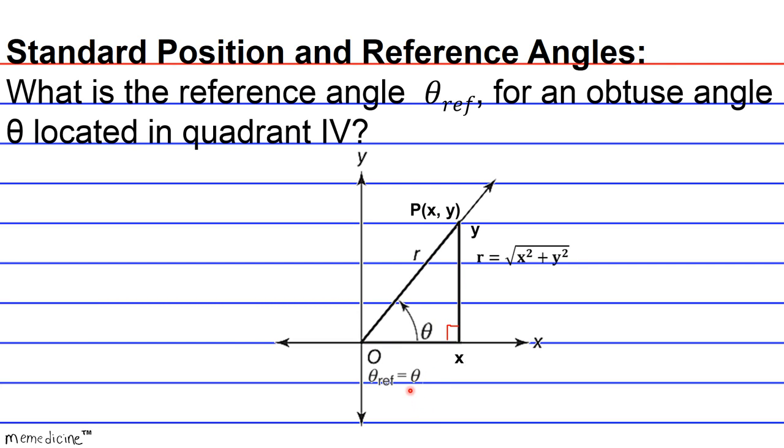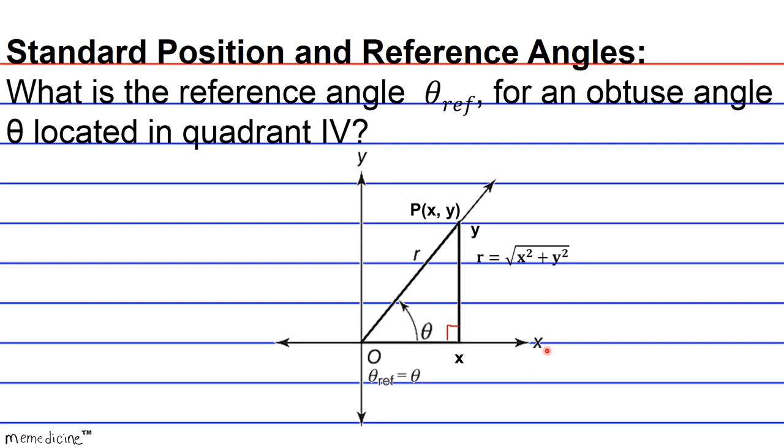our theta reference here is always going to be equal to theta. This is our theta reference. It's an acute angle, and the reason why it's acute is because it's bound between the quadrantal angles 0 degrees and 90 degrees. I can't say quadrantal. Quadrantal angles are all the angles whose terminal side rays end on either the x-axis or y-axis.